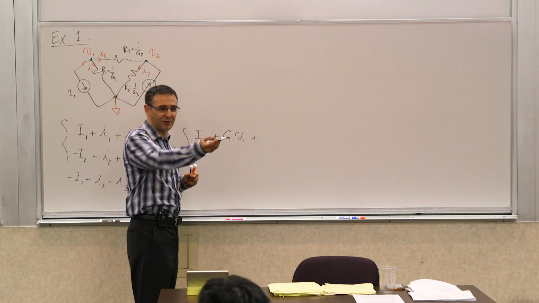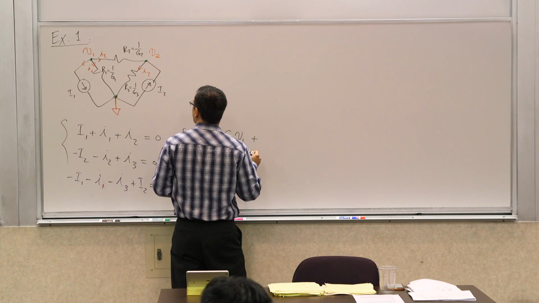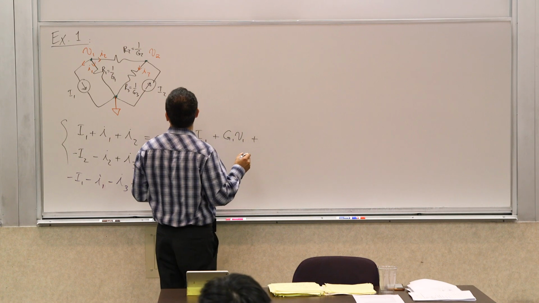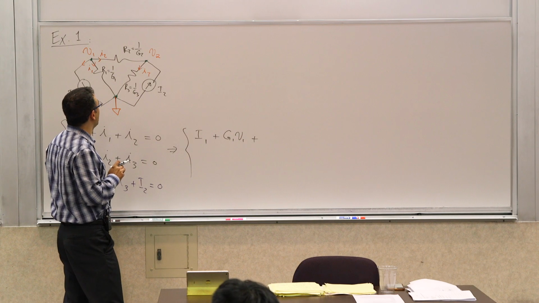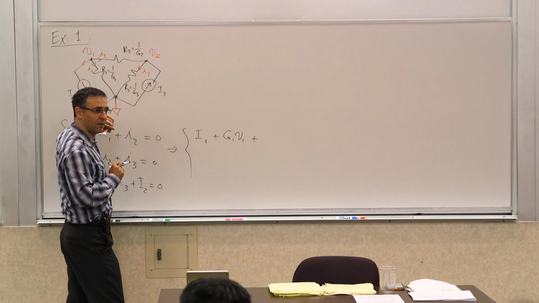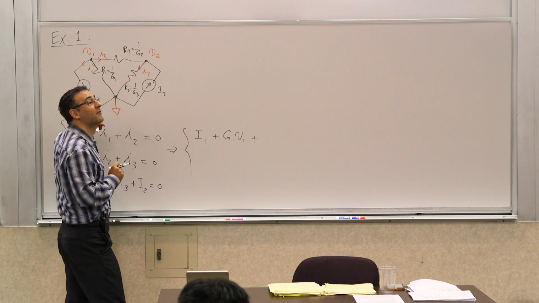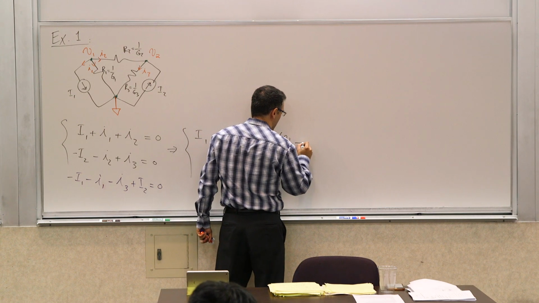OK. Yeah, go ahead, Kami. V2 minus V1 times G2. Why V2 minus V1? Right, but if the current is defined as flowing this way, V1 minus V2 times G2. Is it clear for everyone?